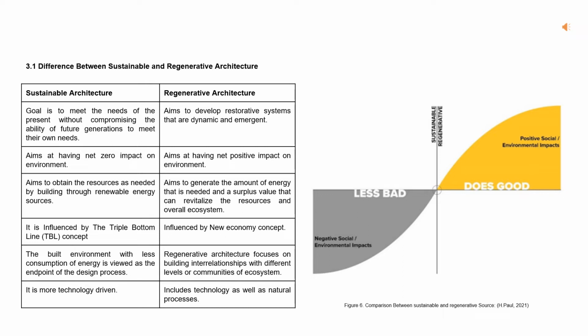And if we consider regenerative architecture, it aims to develop restorative systems that are more dynamic and emergent and that actually evolve with nature. Sustainable design aims to have a zero impact on the environment, while regenerative design has a net positive impact on the environment.